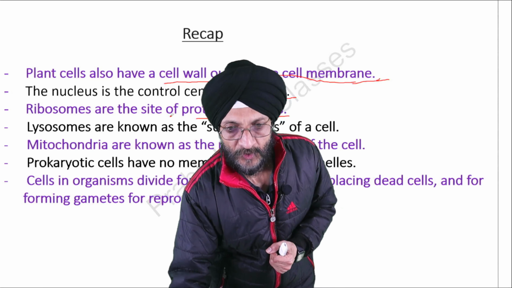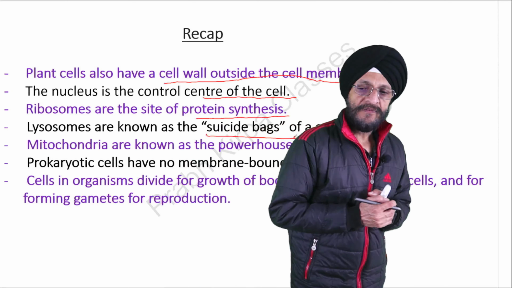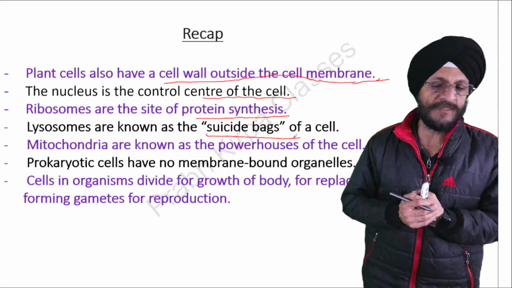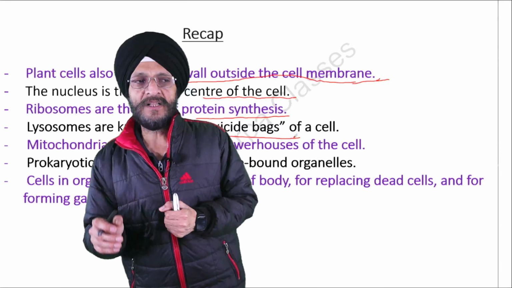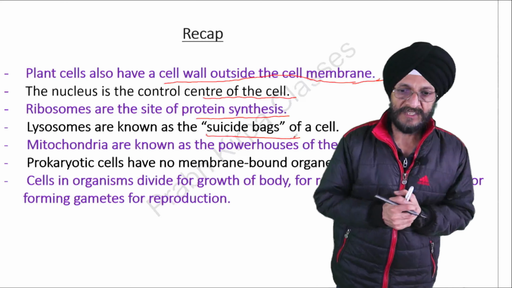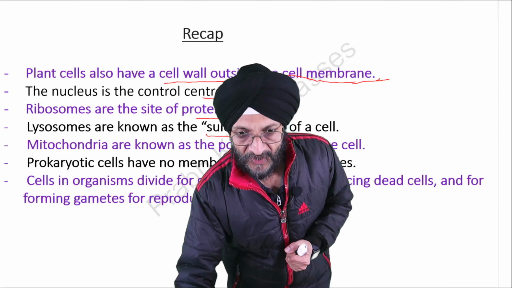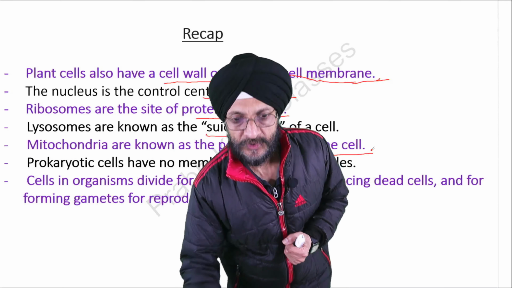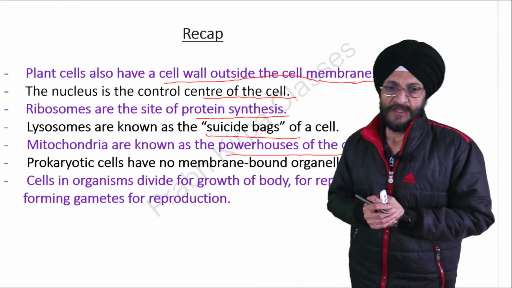Lysosomes are known as suicide bags of the cell because whenever the cell is damaged beyond repair, the lysosomes eat up all the other cell organelles which are present inside the cell. Mitochondria are known as the powerhouses of the cell because they produce ATP, energy currency of the cell.